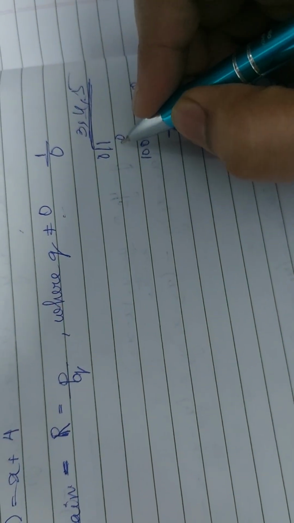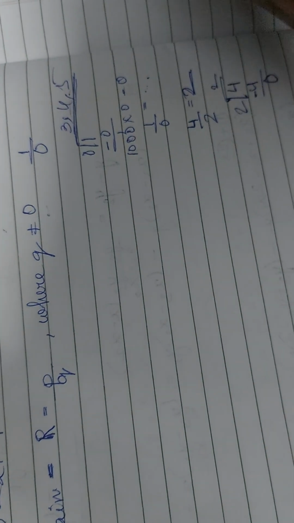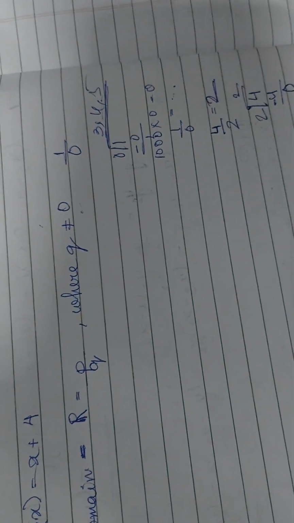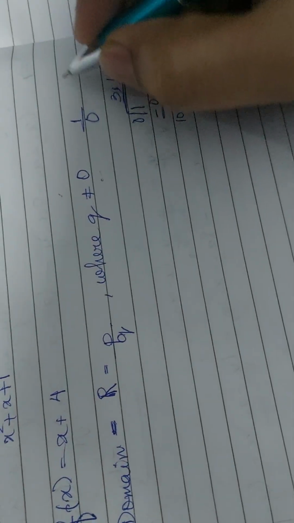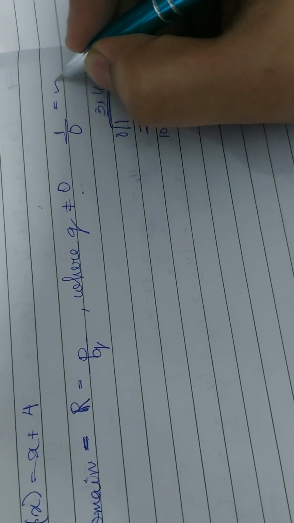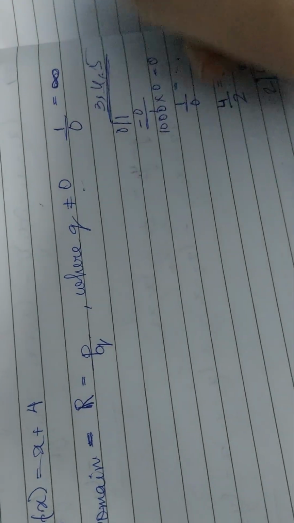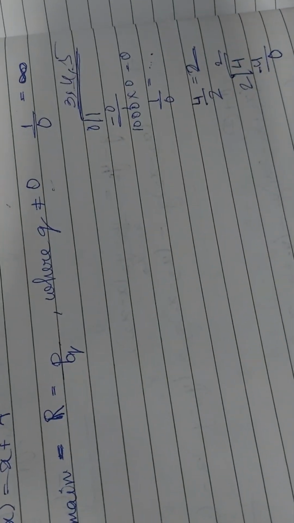So whatever number you put, the product will always be 0, the remainder will always be 1, and therefore it is not divisible. So there will be no exact value, and that is why it is called infinity. Because no matter what value you put, there will be no answer.